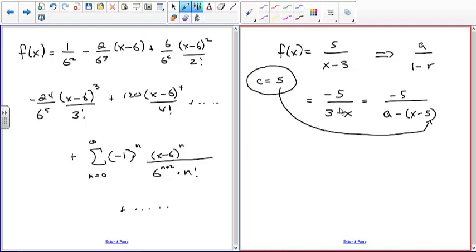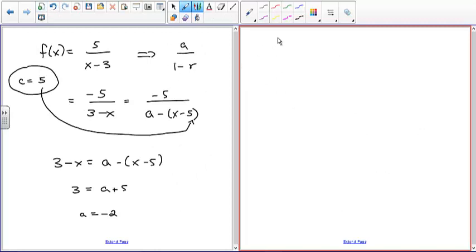So now we set the denominators equal to each other and solve for a. The x parts cancel out, so you get 3 is equal to a plus 5, or a is equal to negative 2. Okay, so this now becomes negative 5 divided by a, which is negative 2, minus x minus 5.